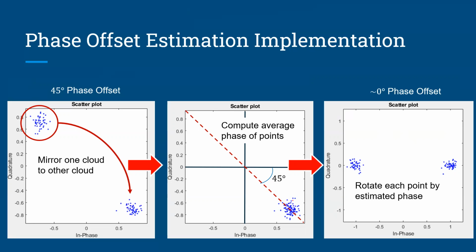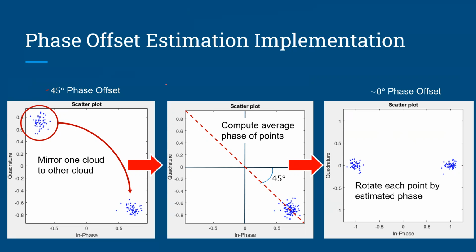Then you take the average phase of just this cloud of points, and that'll be the phase offset, really. I might be forgetting a minus sign here. Yeah, that should be -45. But that'll get you the phase, and then you multiply every single point by e to the j times that phase, and you'll rotate everything back to where it should be.